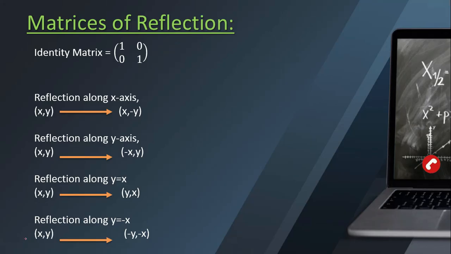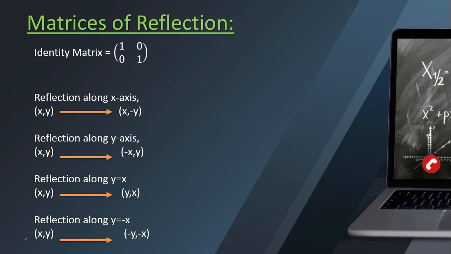Then when we write the matrices of reflections, remember that we will just follow the identity matrix. As we have discussed, when we have the x-axis as the line of reflection, we will have a change in y only. If we have the y-axis as the line of reflection, we will have a change in x only, with a negative sign.